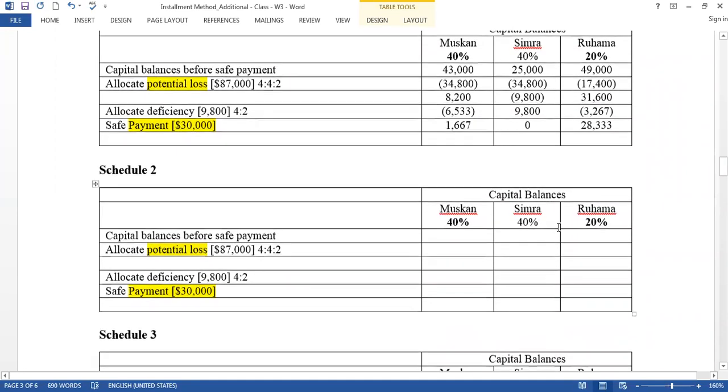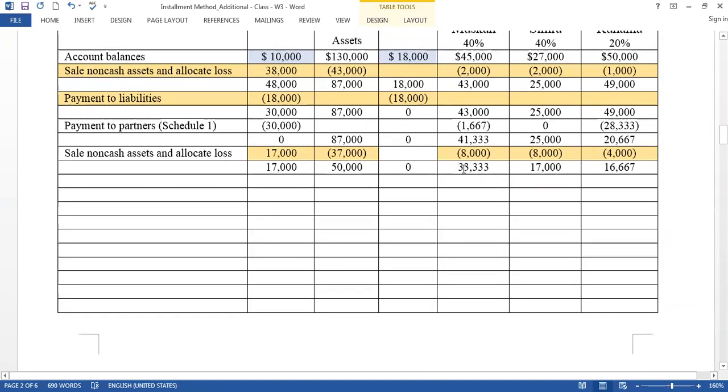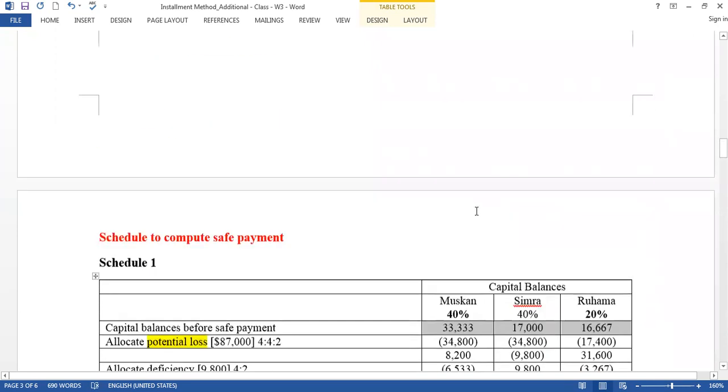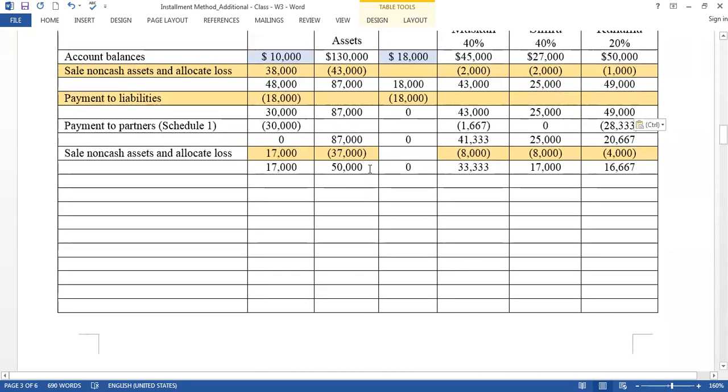So what are the capital balances before safe payment at this moment? These are the capital balances before the safe payment. Now, what is the potential loss? How much? $50,000 non-cash asset. We assume that we are going to sell it at zero price, right? So this is the potential loss.